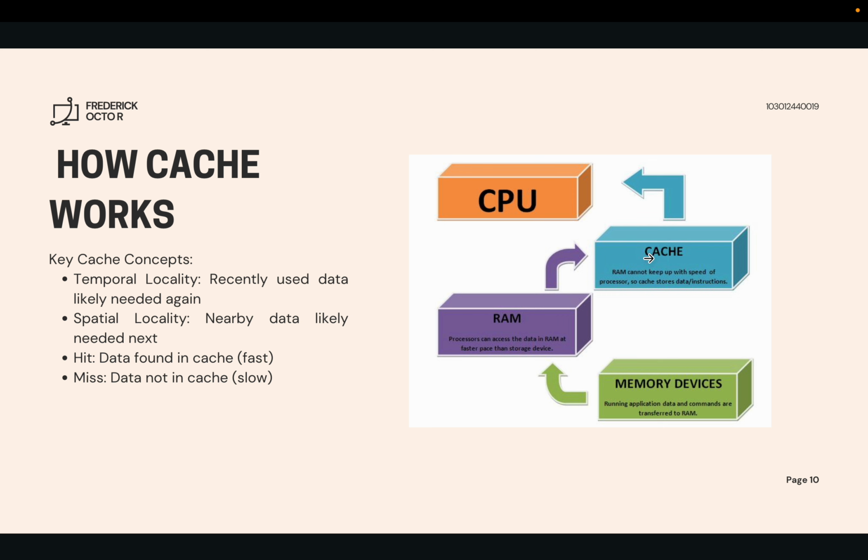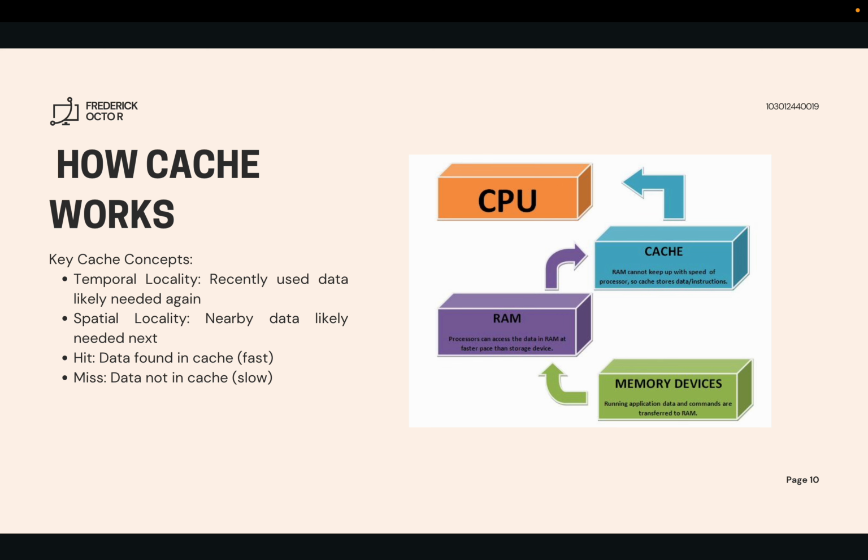How does it work then? Cache memory relies on two fundamental principles. The first one is temporal locality. The second one is spatial locality: nearby data is likely to be needed too.